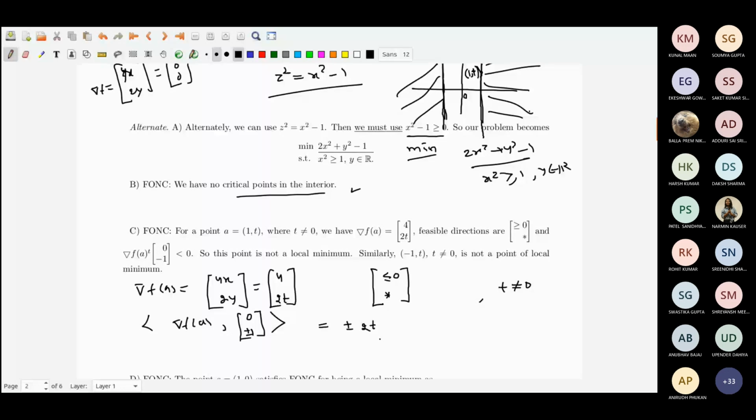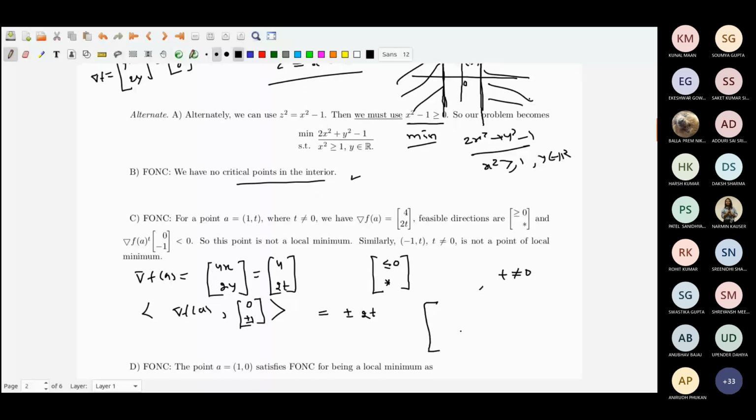One small remark. The first order necessary condition says that grad f(a) transpose d is greater than or equal to 0 for all d in the closure of D(A).